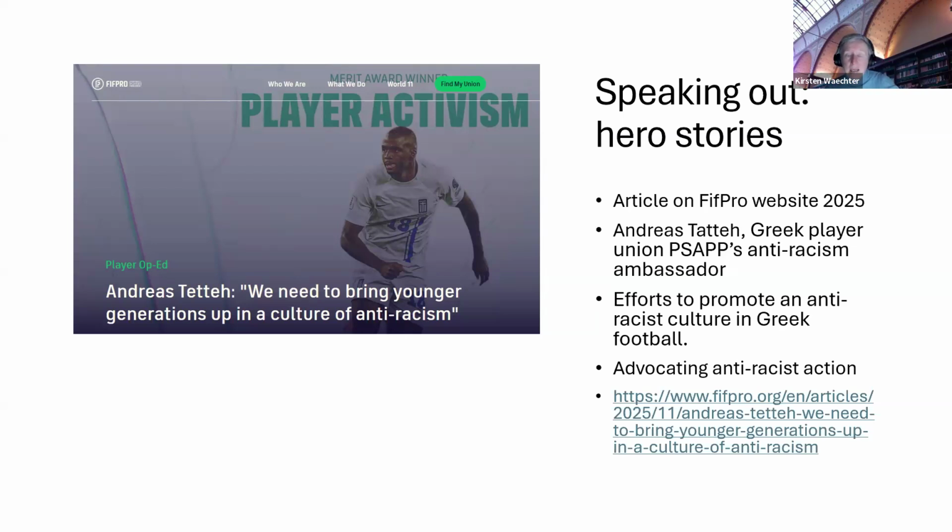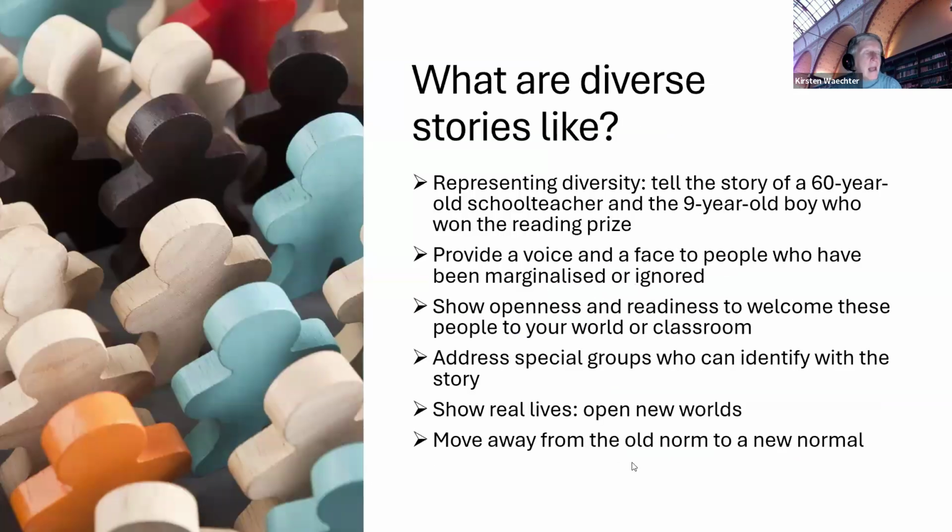You find an article on the website of the FIFPro, which is the Professional Football Players Union, and you find this interview, and you can use that easily in the classroom. If it's too difficult, get ChatGPT to give you a simplified version of the text or something like this, but it is actually there, and there's a lot of material like this.